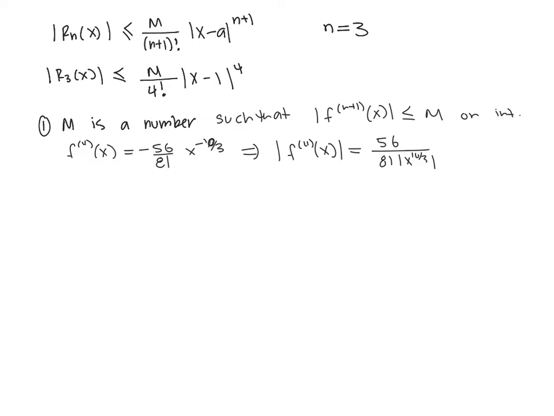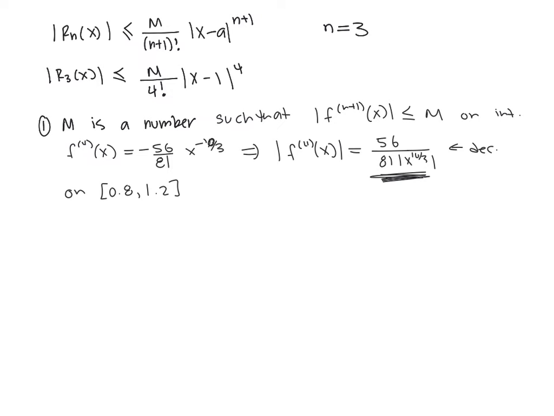Now, this is going to be something that is decreasing. We care about this on the interval from 0.8 to 1.2. Ask yourself, on that interval, can you conclude something about what's happening with the absolute value of the fourth derivative? Well, as x gets larger, the denominator gets larger, so this thing is decreasing.